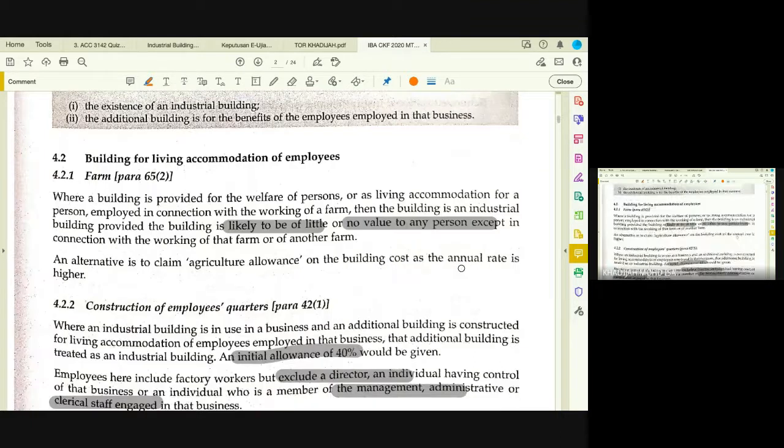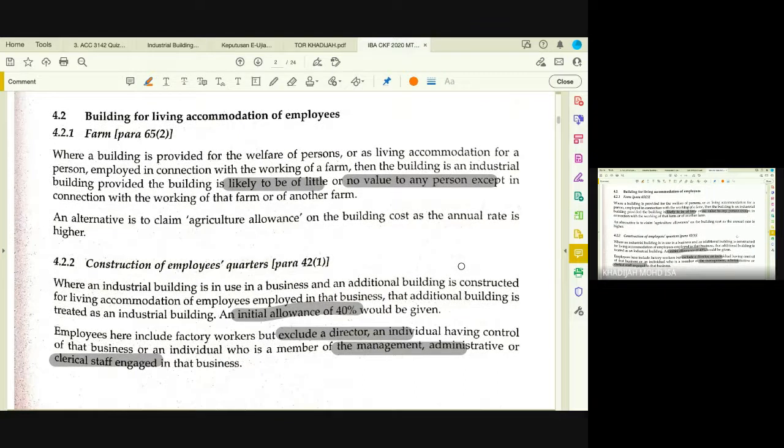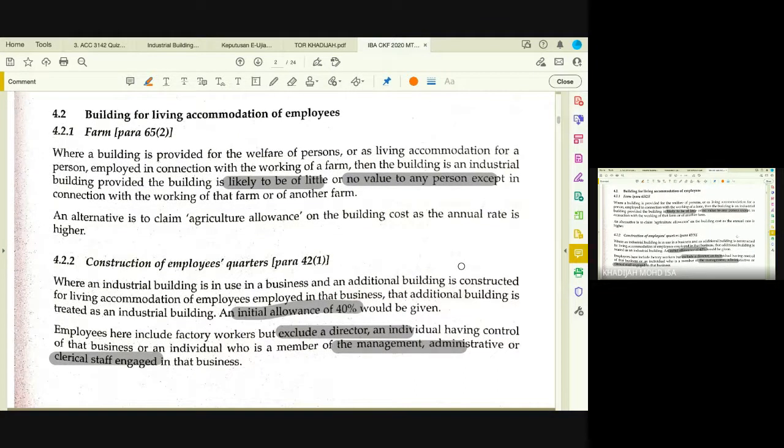Then we also have building for living accommodation of employees. Under this topic, we have several subtopics. For example, if you are a farmer and you build a living accommodation for the farmers, that building is also known as an industrial building.